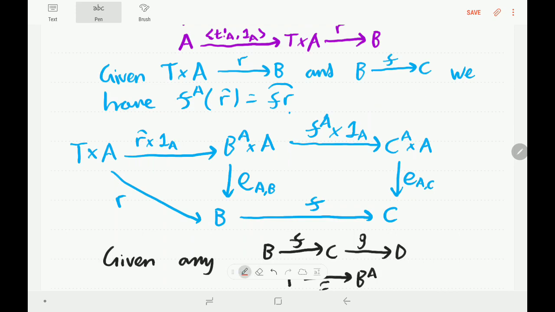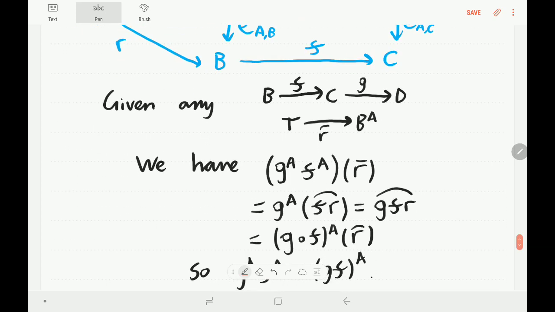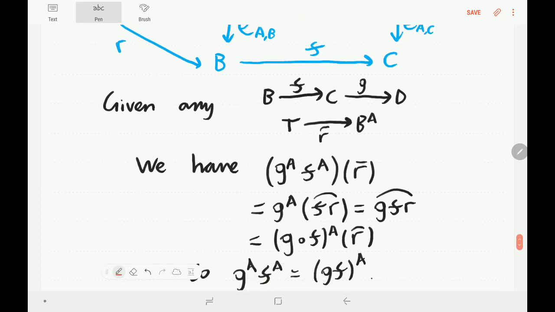And now we can actually use this to give a simpler proof of this formula that we were after before, which is that g to the power of A after f to the power of A is g f to the power of A. The long name of it would be to say this is what happens when we're operating on generalized elements, okay?